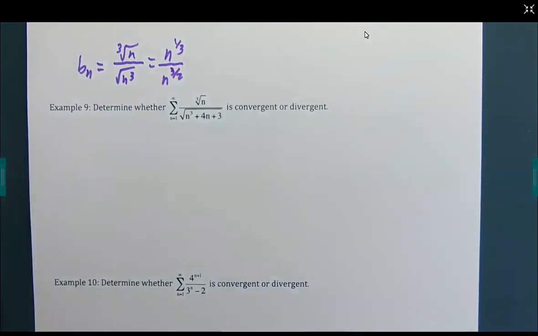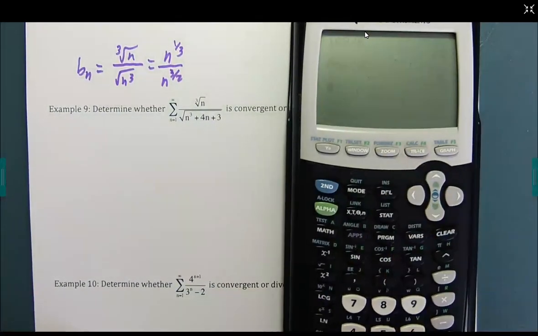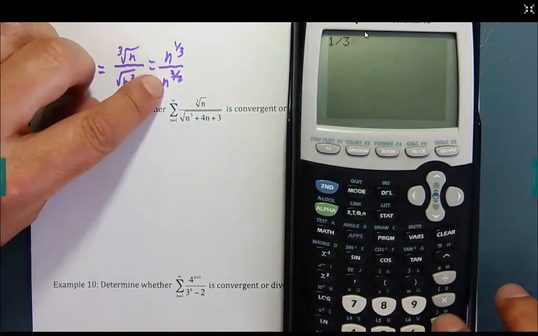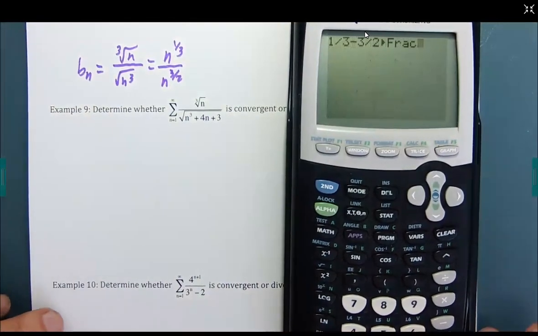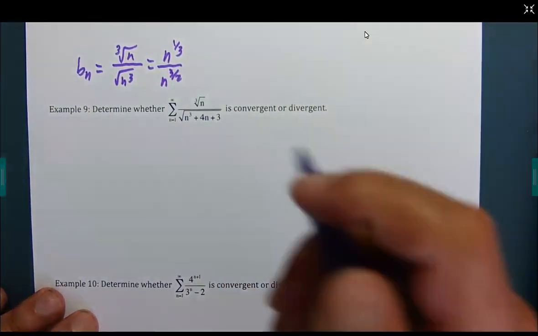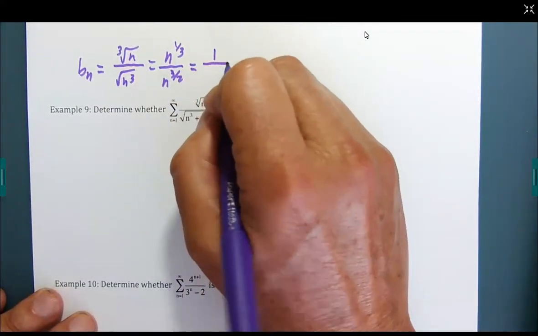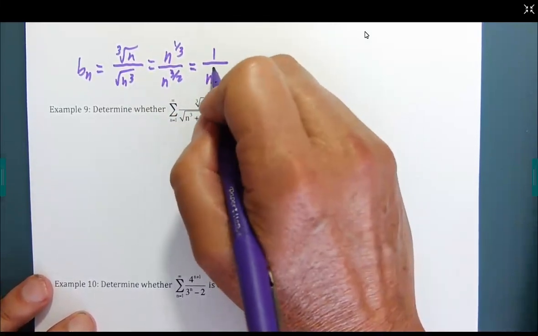All right, so let's see what we even have here. So I have 1/3 minus 3/2, convert to a fraction. It's going to be negative, obviously. So this leaves me with n to the 7/6.